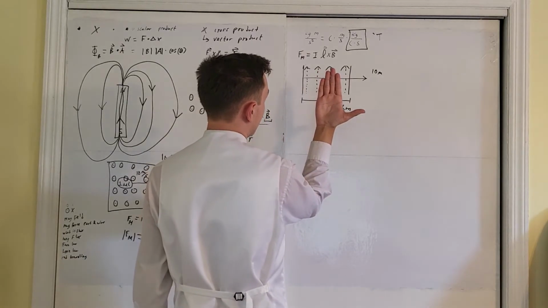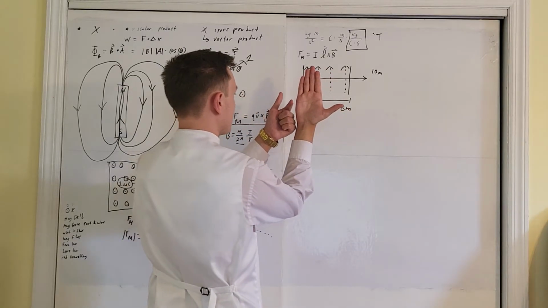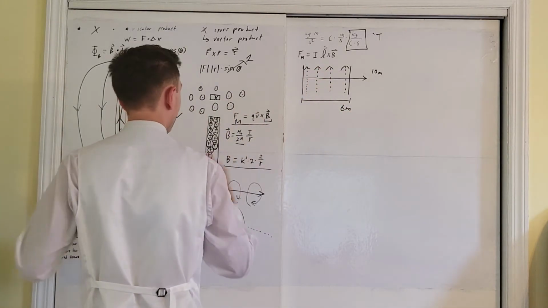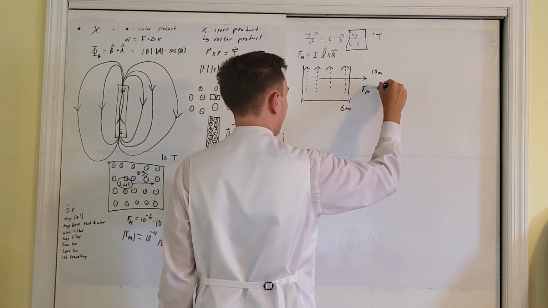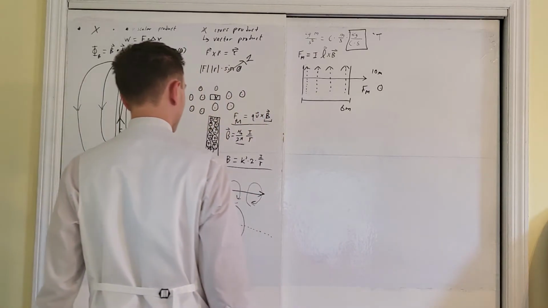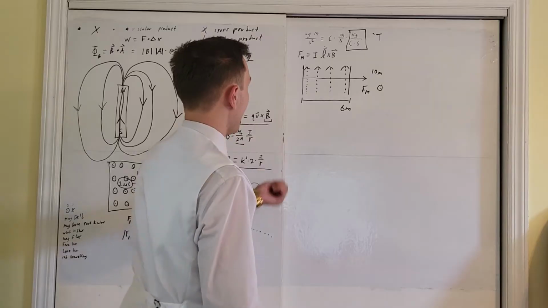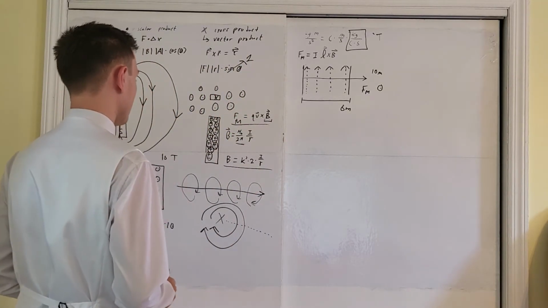The force acting on the wire is in the direction of the camera, coming out of the page. The force vector is coming out of the page as such. Okay? And I'm sure you all don't need me to review the math. We all passed algebra, we all know how to do multiplication.